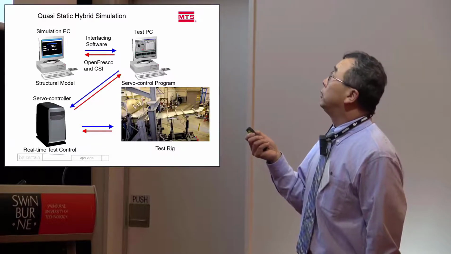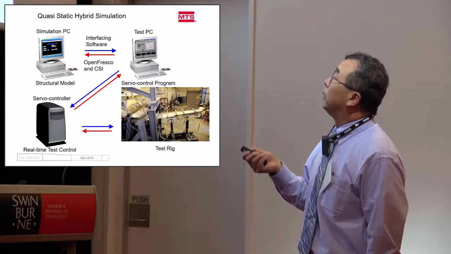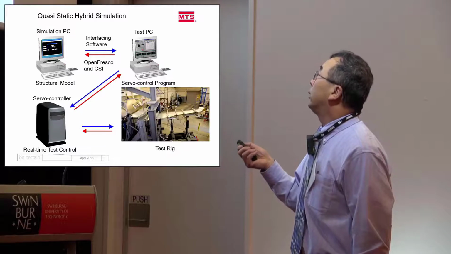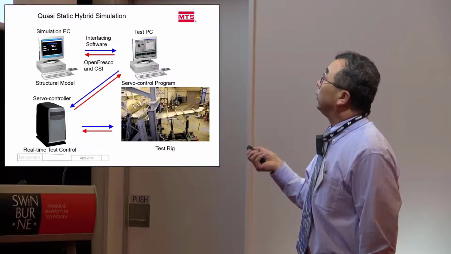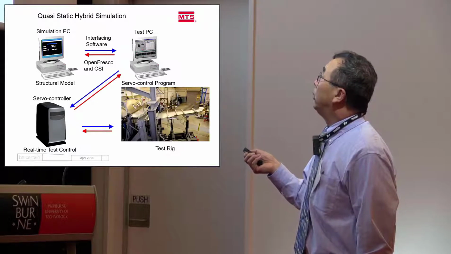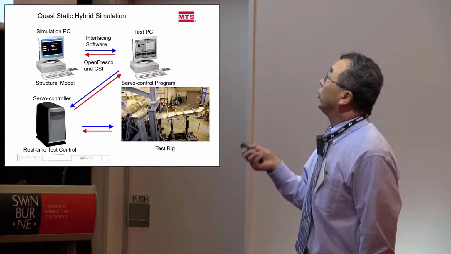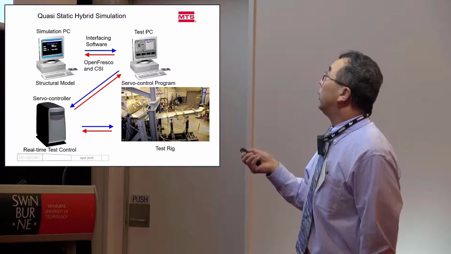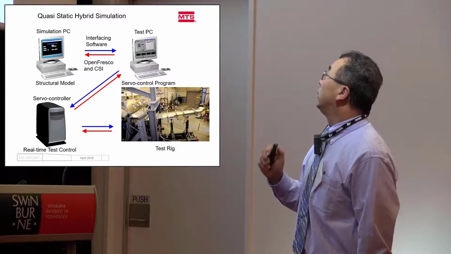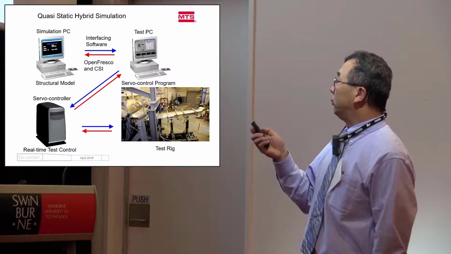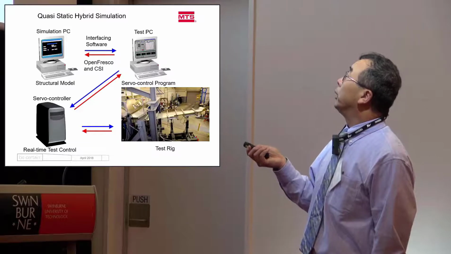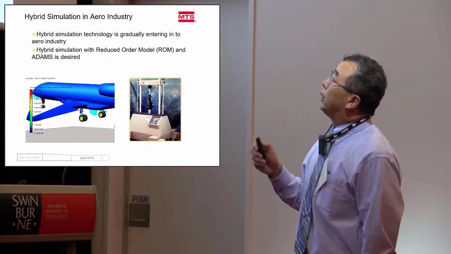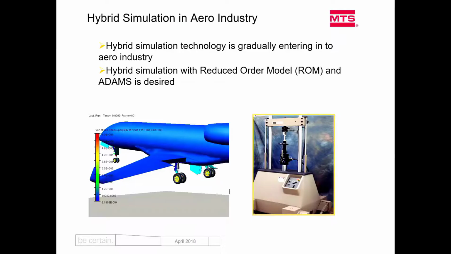quasi-static or pseudodynamic hybrid simulation can be used to test part of an airplane, for example a wing, and model the rest of the structure, through the same method we talked about this morning. Yeah. And also definitely we can do real-time hybrid simulation.